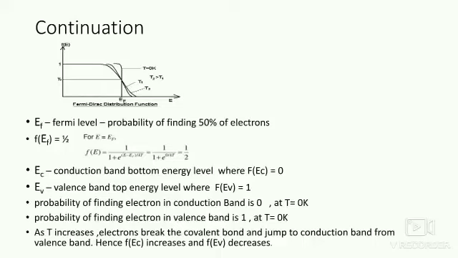So the probability of finding electron in conduction band is 0 and that of valence band is 1 at temperature T equal to 0 Kelvin.